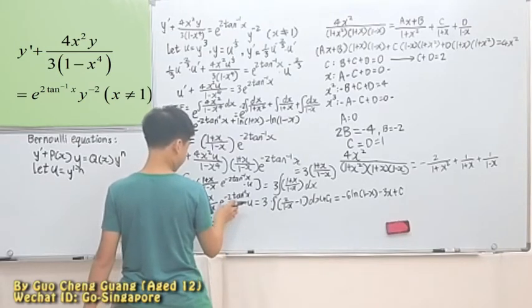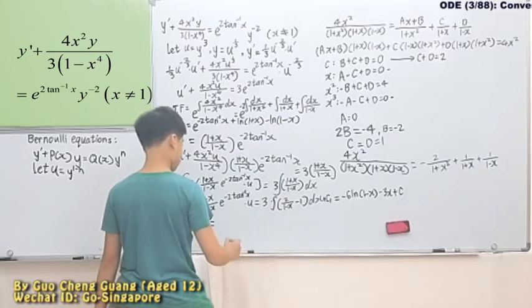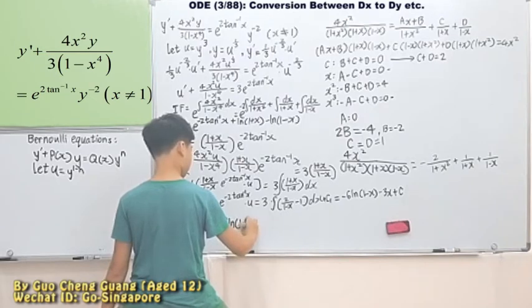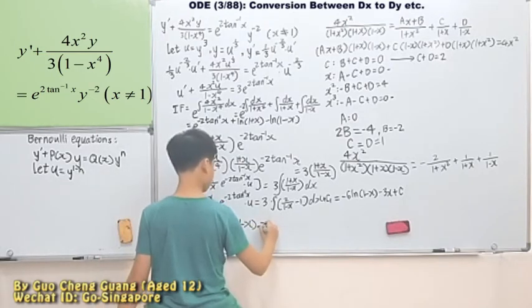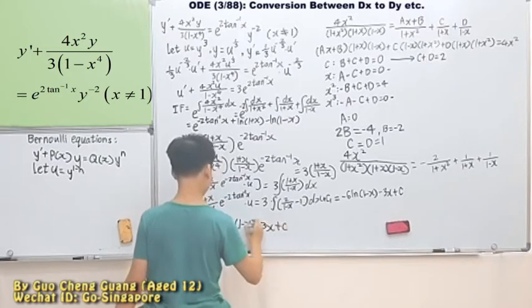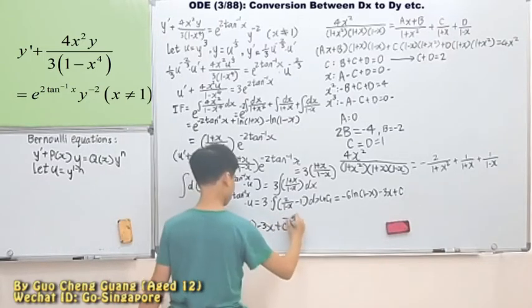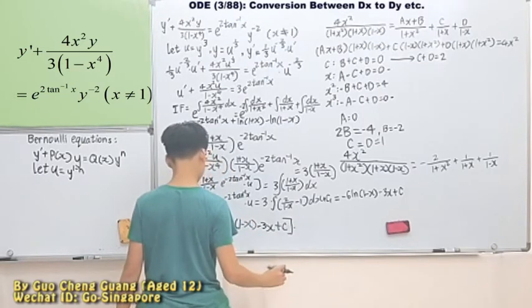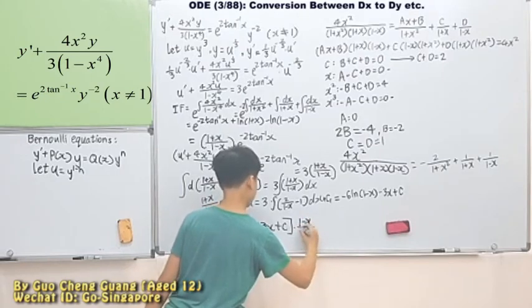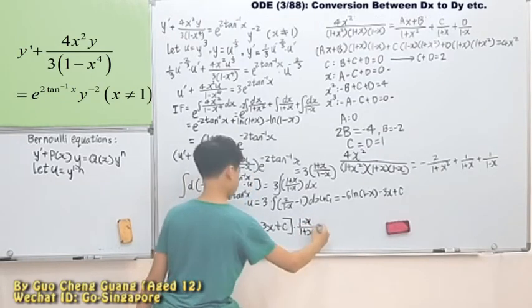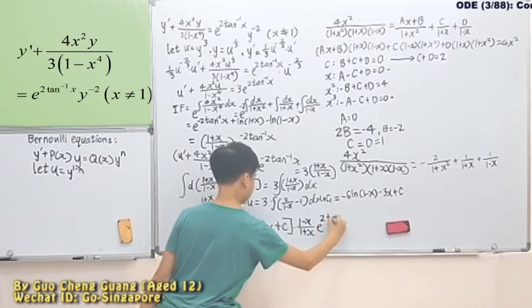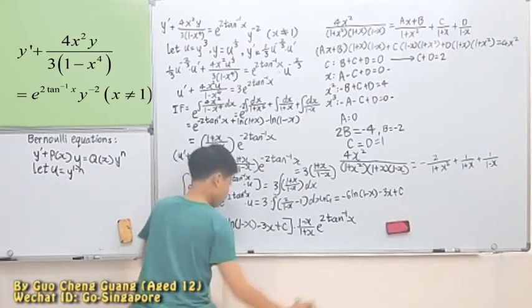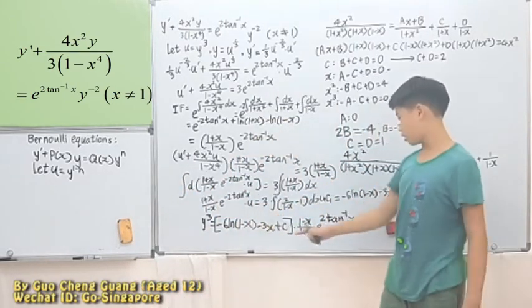Then that would mean you have to divide this part to the other side. So for y cubed, you took out this thing.